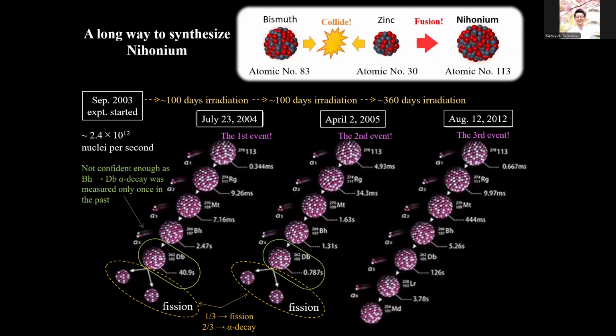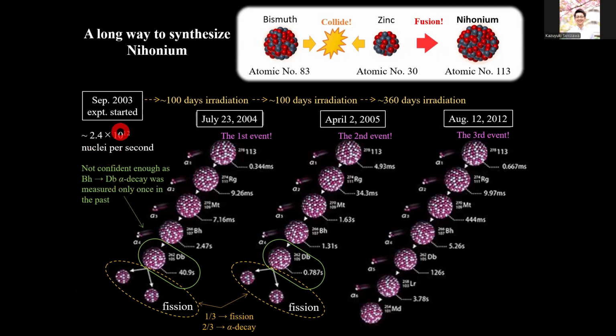Anyway, since the time is limited, I just briefly mention that the synthesis of nihonium was very tough. I mean, it was very difficult. In accelerator experiments, about 10 to the 12 nuclei are irradiated as a beam onto the target.